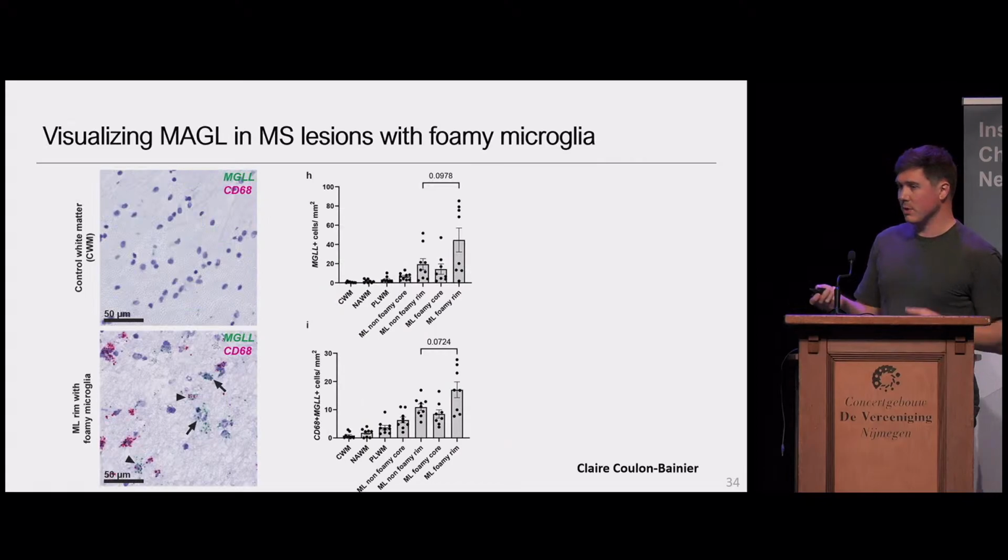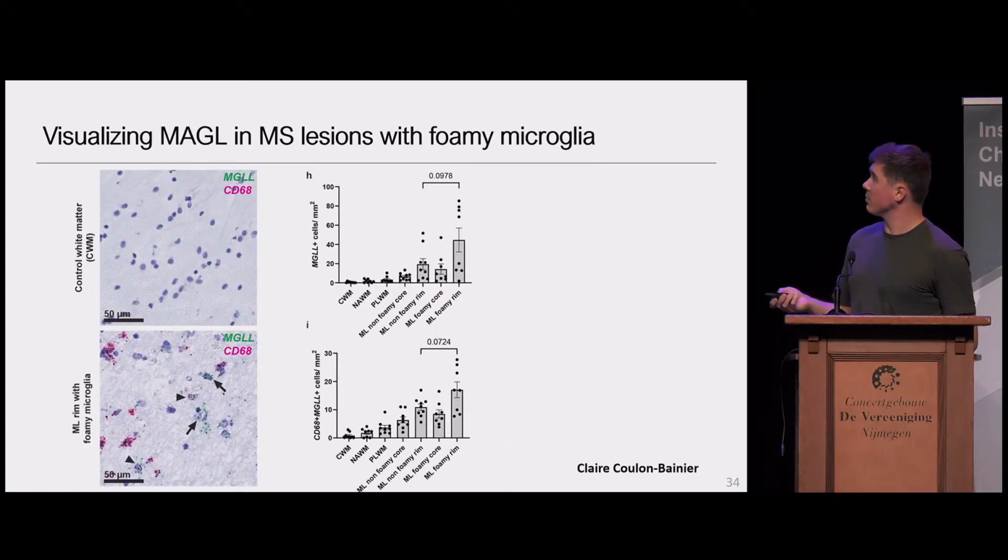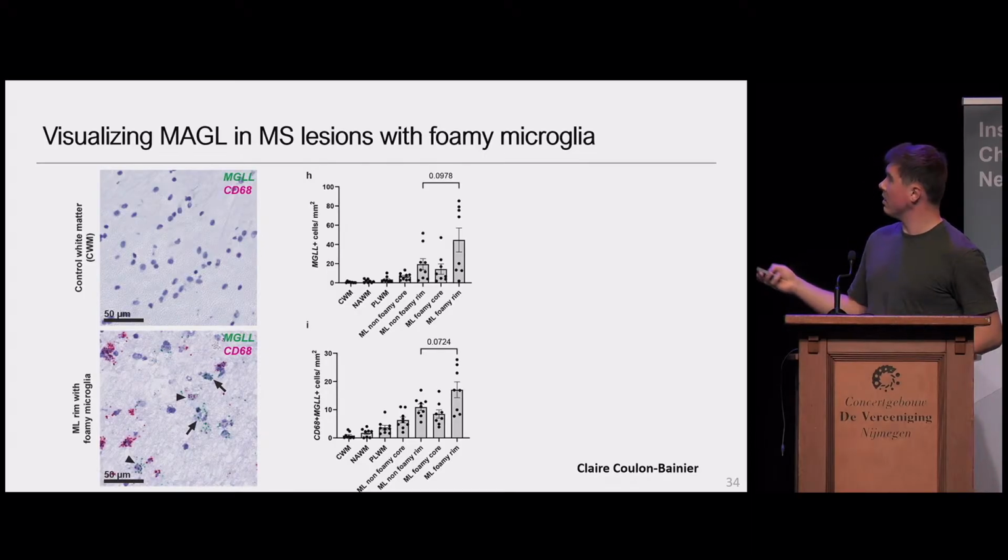We could also confirm that with RNAscope analysis. We see that the expression of MAG lipase is basically absent in normal control white matter, but is then upregulated strongly in lesions, also specifically in microglia, and we see that it is highest in the rims of mixed lesions with foamy microglia.